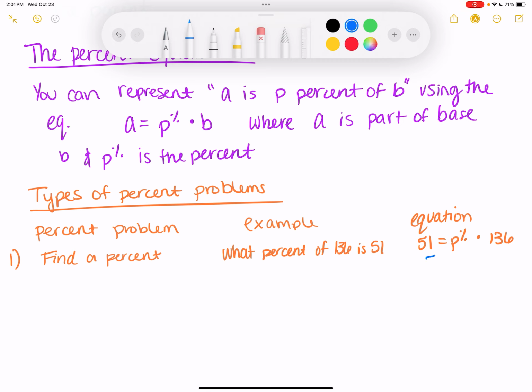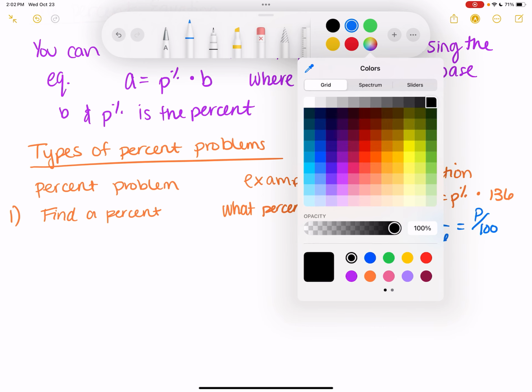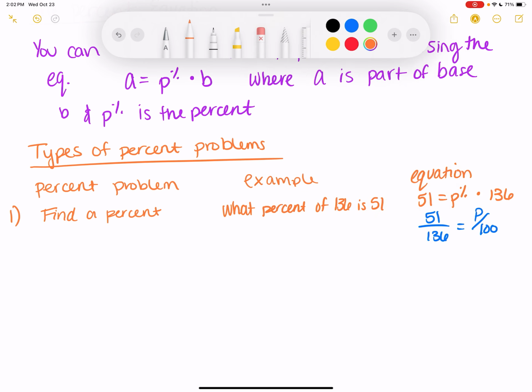So I could also write this as 51 over 136 equals P%. Now, I would ultimately have to multiply this number by 100 to get it as a percent, because this would be the same as P over 100. So that's the first one.